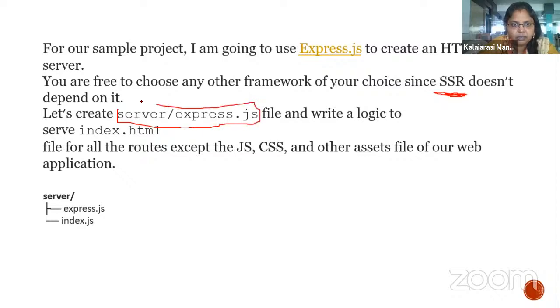So now you can observe I create a folder server and I include my express.js in this manner and write the logic to serve my index.html. That part also we will see. Now you can see this is the server folder and in that we have our express.js. Okay, so for now, just listen to me and slowly we will go into the coding.